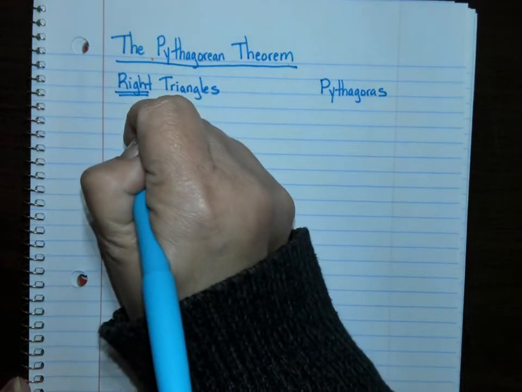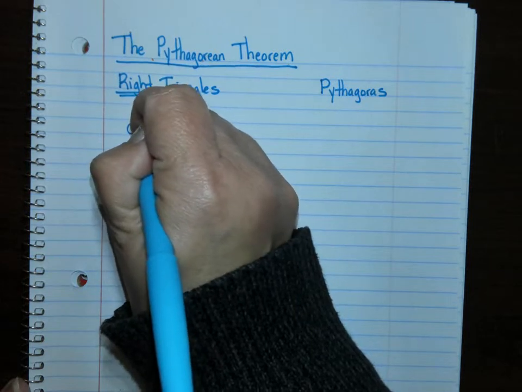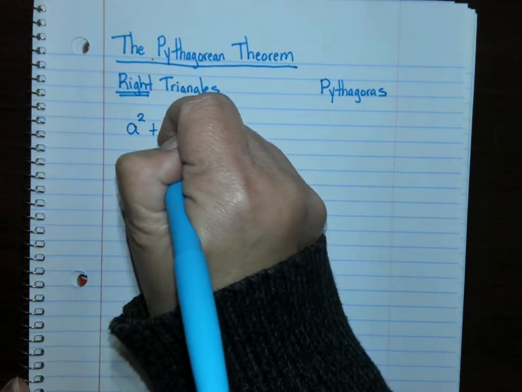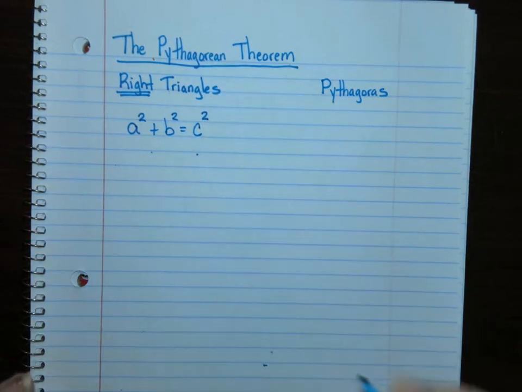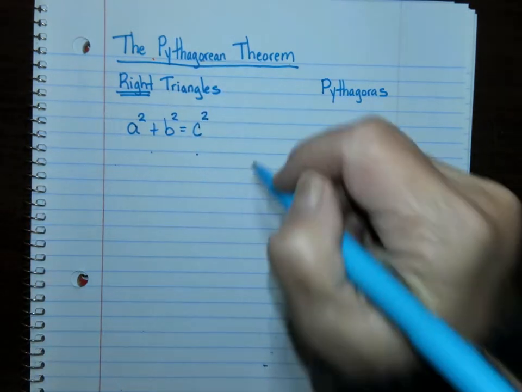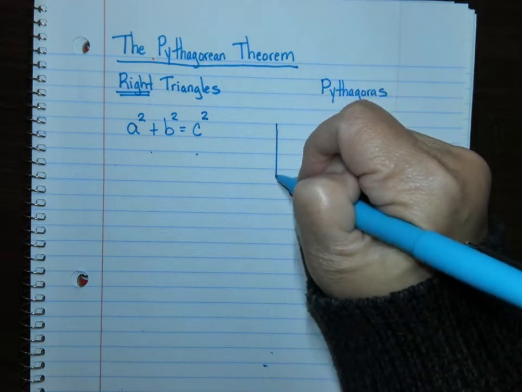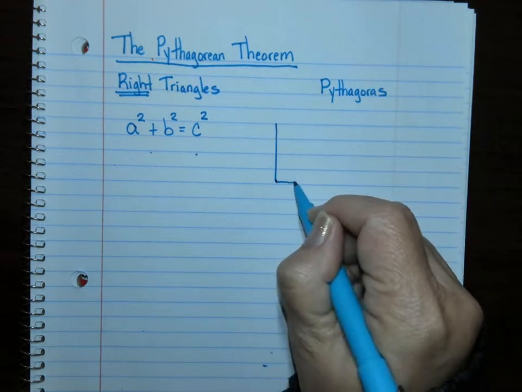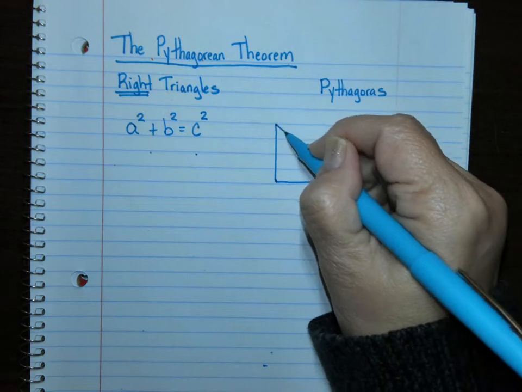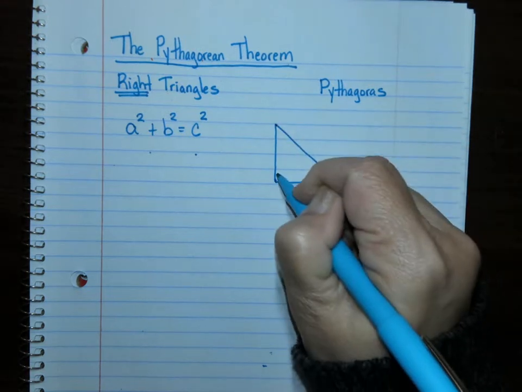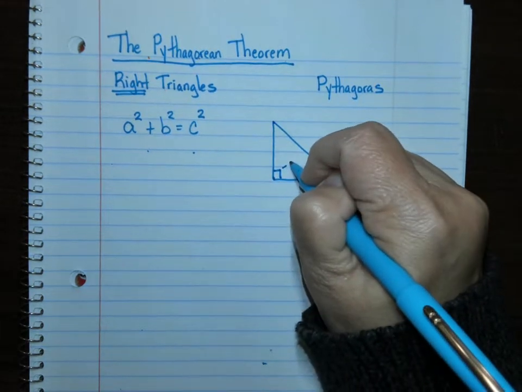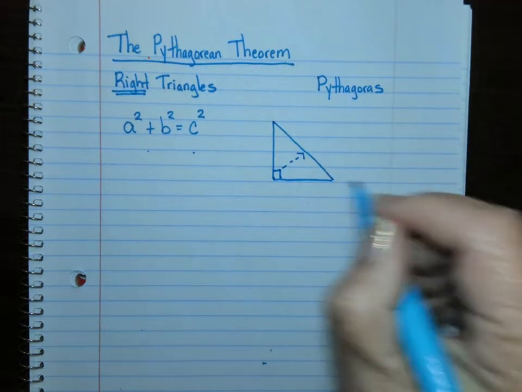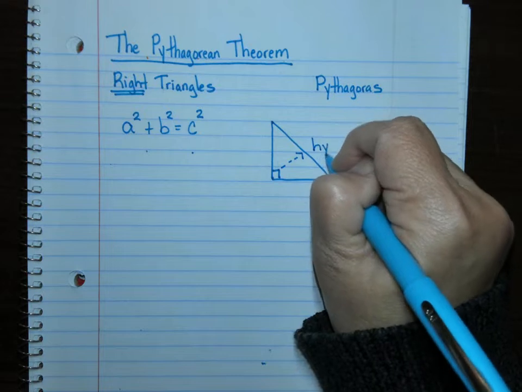So you may remember that the Pythagorean theorem goes like this: a squared plus b squared is equal to c squared. And what those variables stand for is that when you have a right triangle, the side that is across from the right angle is named the hypotenuse.